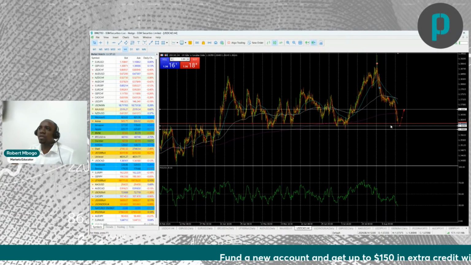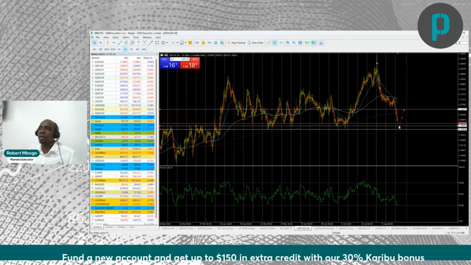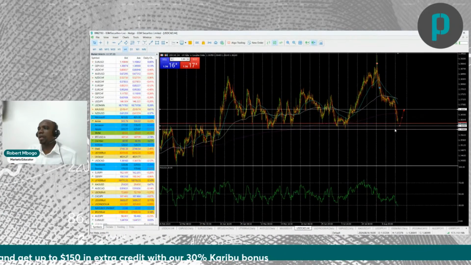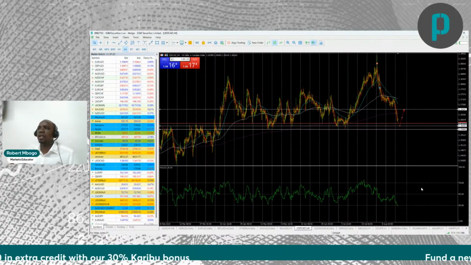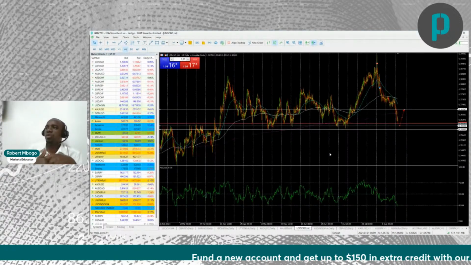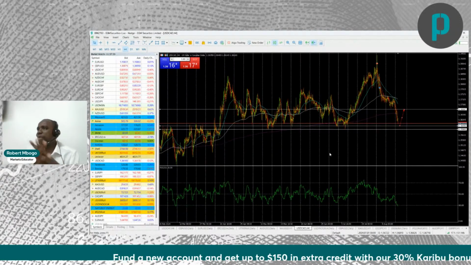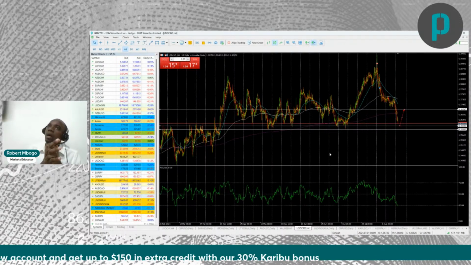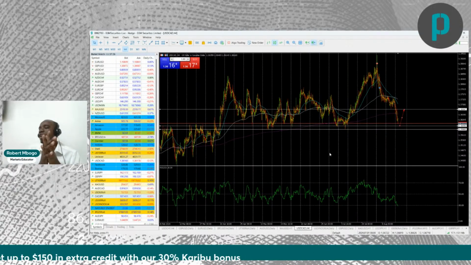Those are two levels that I would want to see acting as support moving into CADJPY. So once again, if price gets there, how do you take these trades? You make sure that you've seen a confirmation candle. Maybe you've seen a hammer, maybe a morning star.